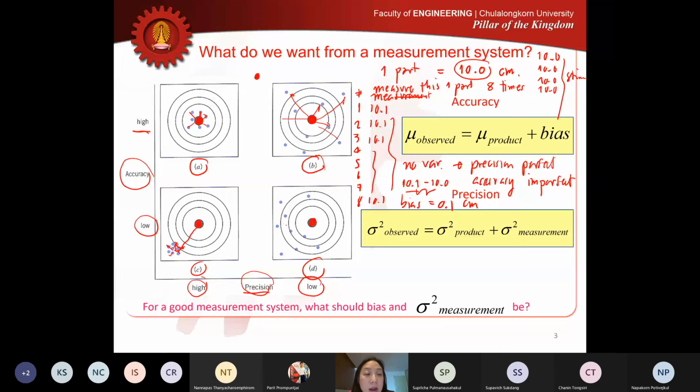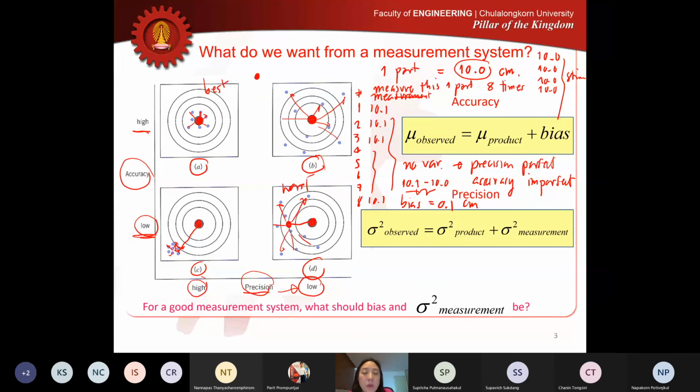The accuracy is low and also the variation is high, which means precision is low. So this is the worst, and this is the best. We would like both accurate and precise. Do you get that?